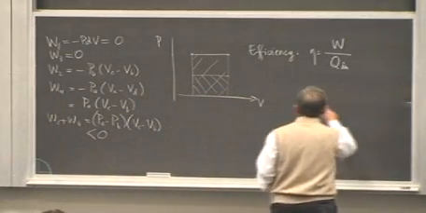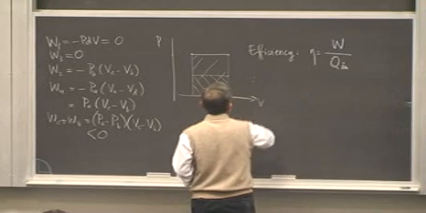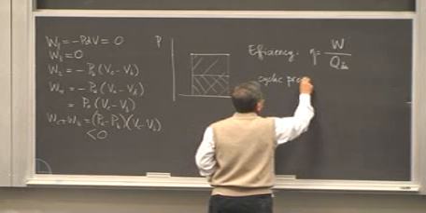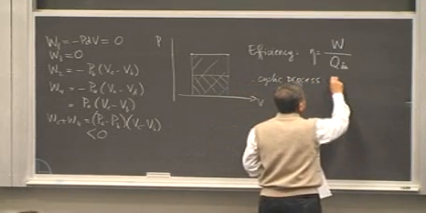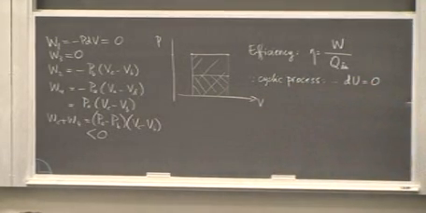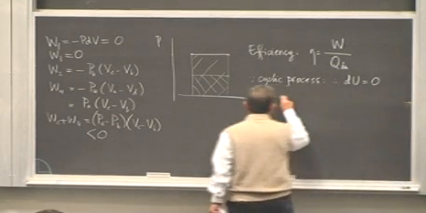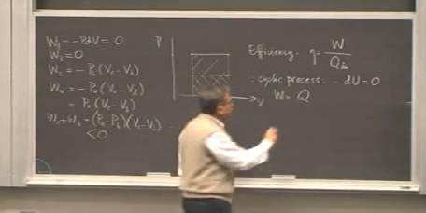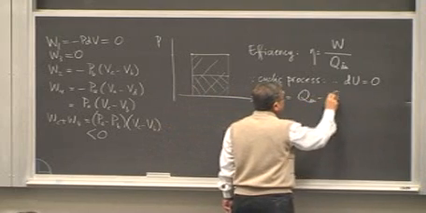And the work done, because since it is a cyclic process, therefore dU is equal to 0, no change in internal energy, because internal energy is a state function of the state. Therefore, over a cycle, there is no change in internal energy, and therefore W is equal to Q itself. And Q is Q in minus Q out.